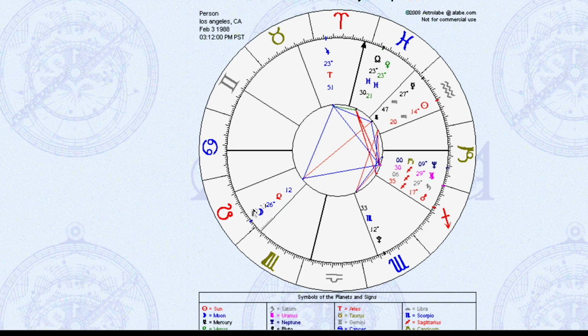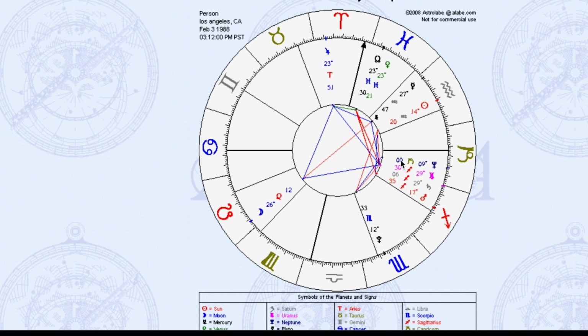Now we can see clearly, and if you don't know the astrology glyphs, the symbols, learn them first, because you always have to read a chart reading those symbols. So I suggest first familiarize yourself with the symbols. So this is the Moon at 26 degrees Leo in her second house. This is Pluto at 12 degrees Scorpio in her fifth house. This is Mars and Saturn and Uranus in the sixth house in Sagittarius.